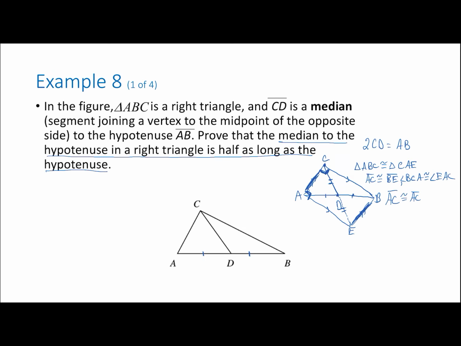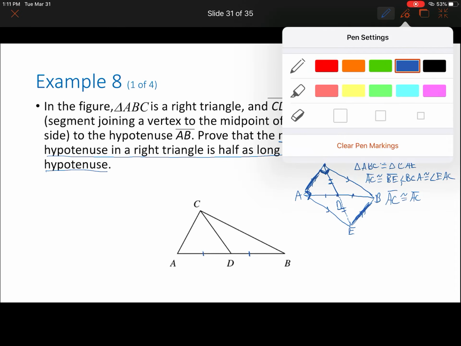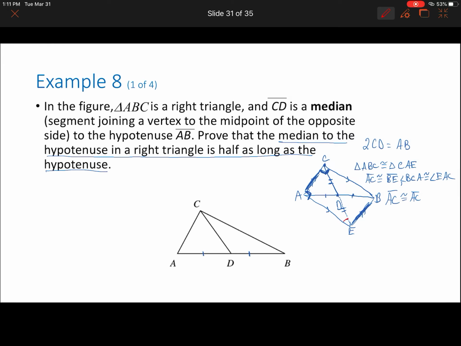We know that this angle and this angle are congruent. And actually, instead of saying BE, we could say that AC is congruent to AC, because they share that side, right? And then we either need to show another angle or we need to show another side.